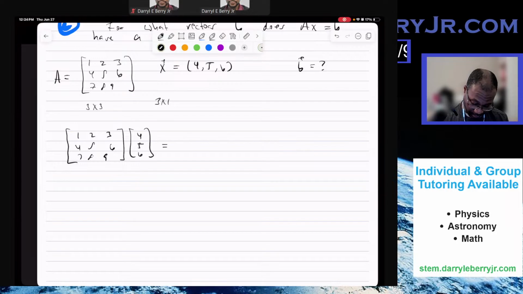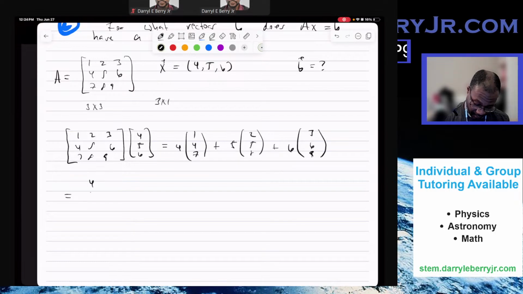So that's going to equal 4 times (1, 4, 7) plus 5 times (2, 5, 8) plus 6 times (3, 6, 9).